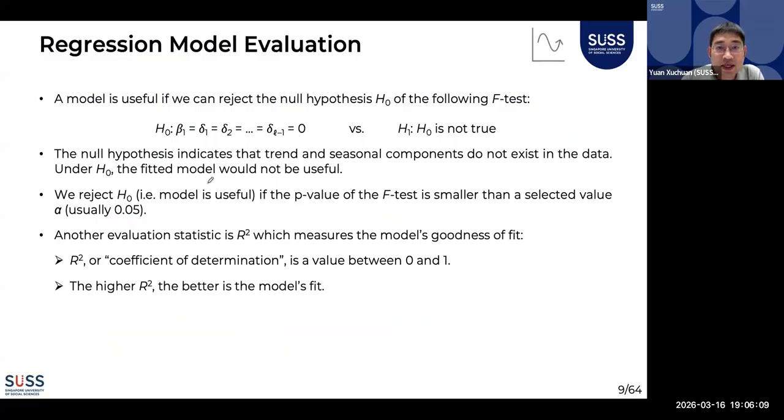We can also consider whether your model can capture the trend and the seasonality impact in your data. So you can use R square or adjusted R square to measure whether this model is significant or not.